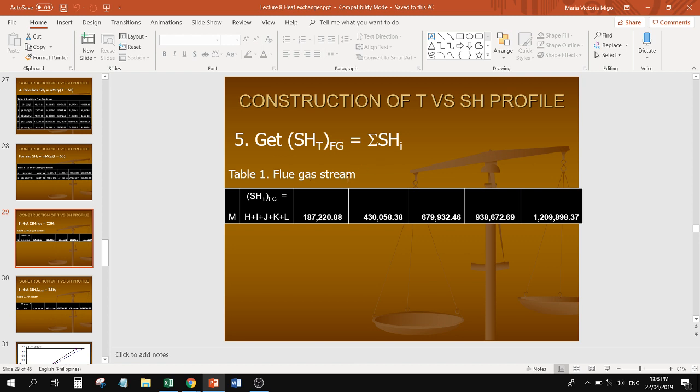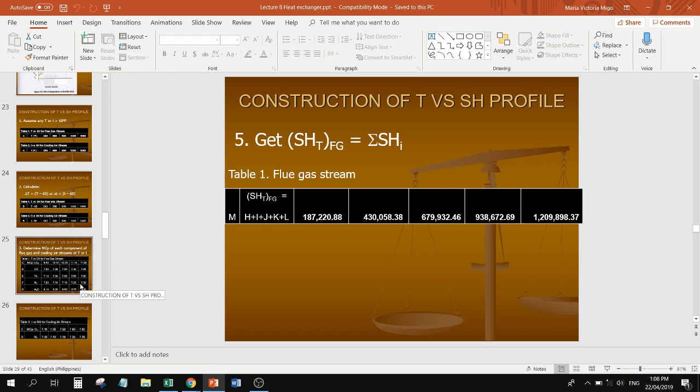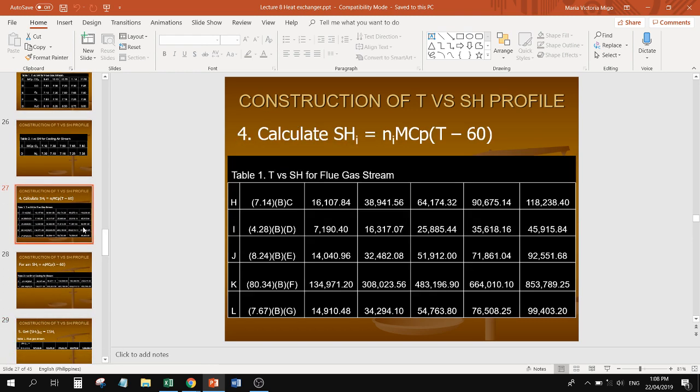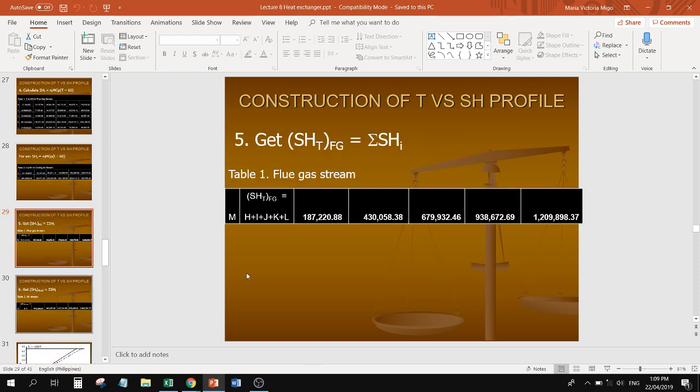For the flue gas stream, this is the summation of the MCPDT values from earlier. So the summation at 300 degrees Celsius would be this value, and so forth. You have to do the same for the rest of the temperatures that you assumed.